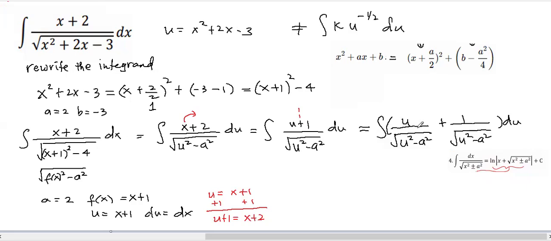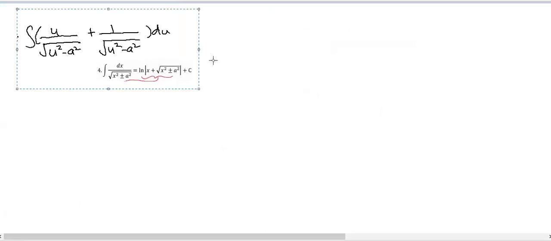Ito ay U technique. So, let me solve it in a different, ano. So, how do we solve this one? Okay, copy. How do we solve this? Ito, we apply U technique. U technique. So, using power rule, no?